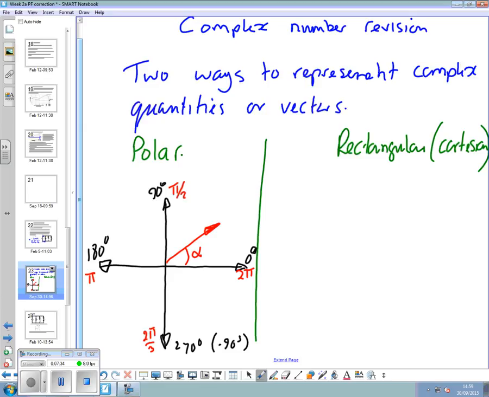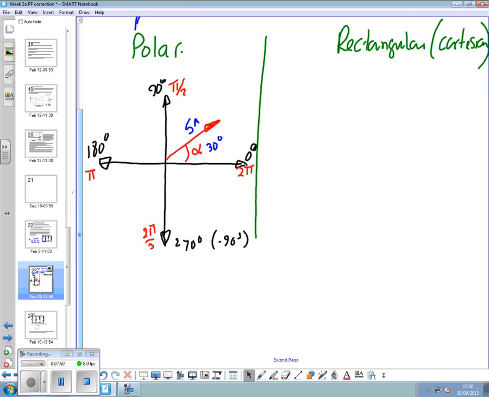So if that line is 5, whatever units it is, let's say amps, and that angle is 30 degrees, what we would do there is we would say that that vector is 5 amps angle 30 degrees.